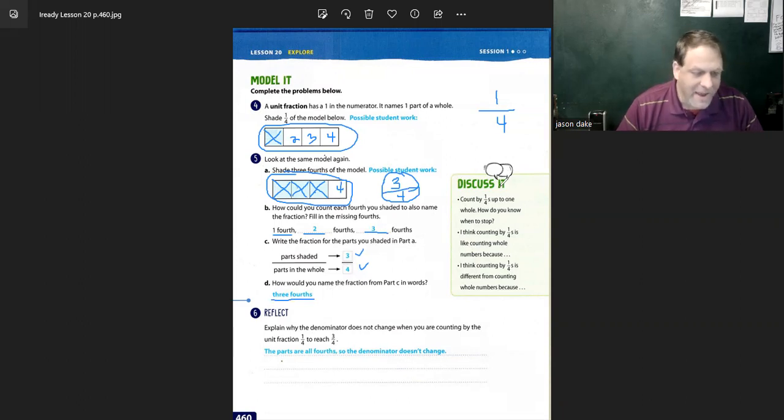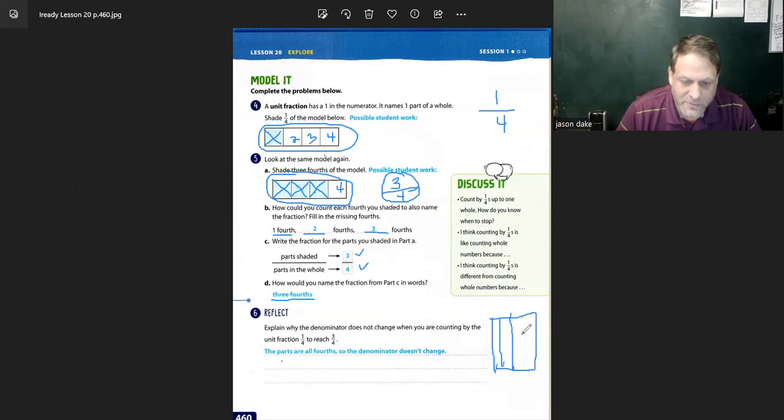Number 6, explain why the denominator does not change when you are counting by the unit fraction 1/4 to reach 3/4. Remember when I did all fourths on the last video? Sorry guys, not the best with this pencil. So 1/4, 1/4, 1/4, and 1/4.